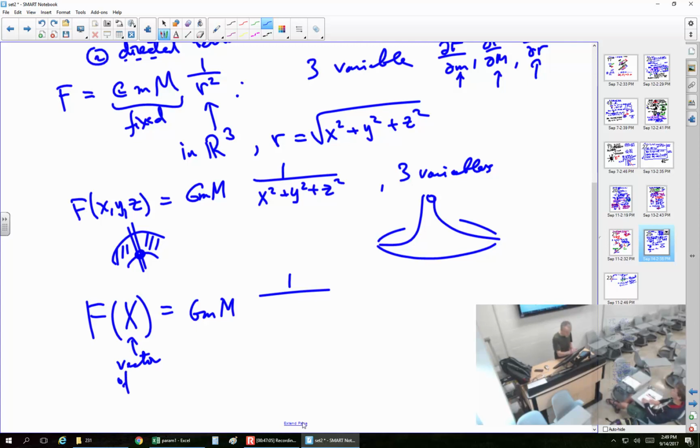Actually, I could say just location. We are at location x, and all we have to compute is the distance to the 0. If you prefer vector notation, it's the same, except you're going to have the magnitude of x, like this.